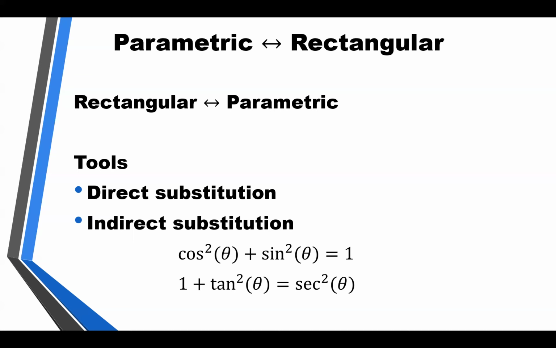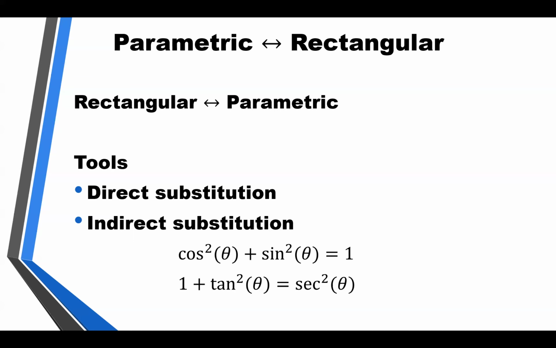That is cosine squared plus sine squared equals 1 of whatever angle. So cosine squared of an angle plus sine squared of the same angle equals 1. Or the other Pythagorean identity that we use a lot is 1 plus tangent squared of an angle is equal to secant squared of that angle.